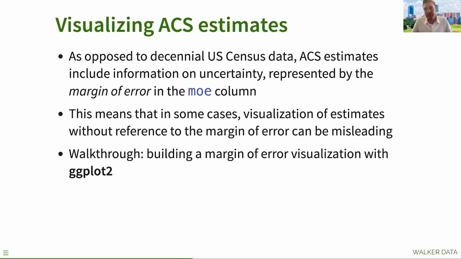And one thing to keep in mind when you're visualizing ACS estimates, and I've said this before and I will say it again, is ACS estimates are estimates characterized by a margin of error. And that means that when you are visualizing differences between different estimates, those comparative visualizations can be misleading if you're not referring back to the margin of error.